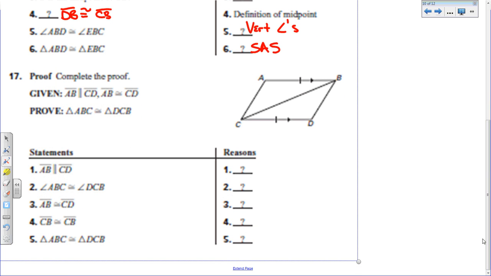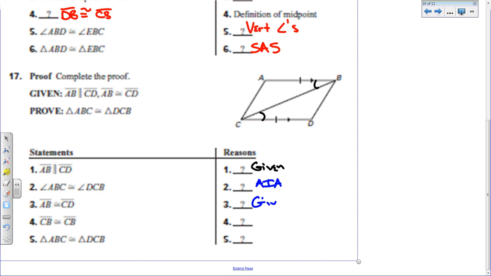Number 17, complete the proof. AB is parallel to CD. Sorry. That's given to you. Then how do you know that ABC is congruent to DCB? Those are alternate interior angles, AIA. Then how do you know AB is congruent to CD?